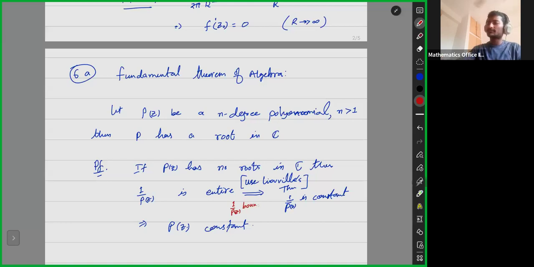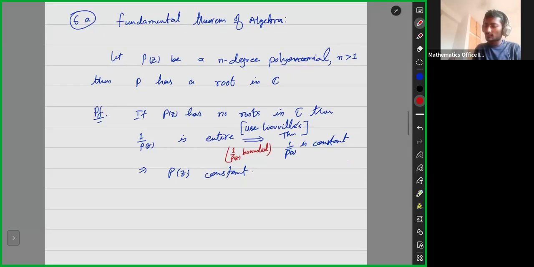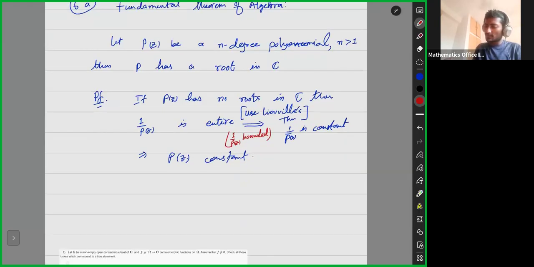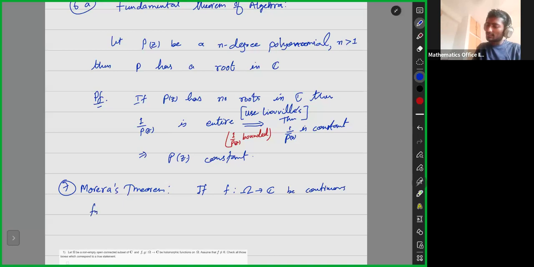So the next thing was about Morera's theorem, theorem 7, which is saying that if f from omega to C is a continuous function such that the integral over gamma of f(z) dz equals 0, where gamma is any closed curve or polygonal path in omega.